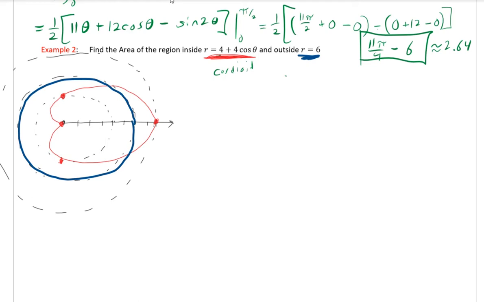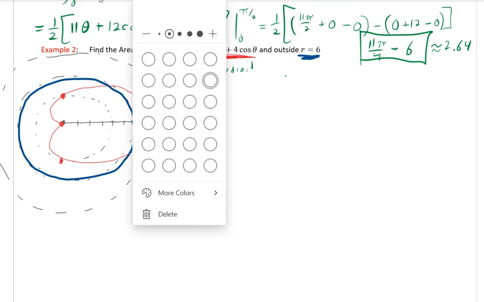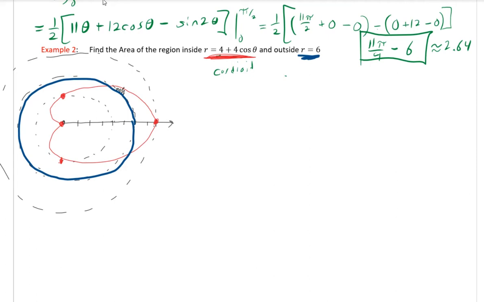So that means when they say the area of the region inside r equals 4 plus 4 cosine and outside r equals 6, that means what we're looking for, if I maybe do this in black, is this region right here. That'd be inside r equals 4 plus 4 cosine and outside r equals 6.